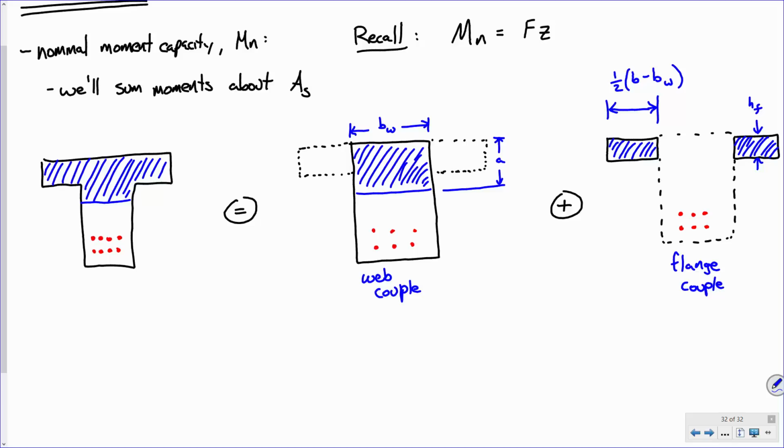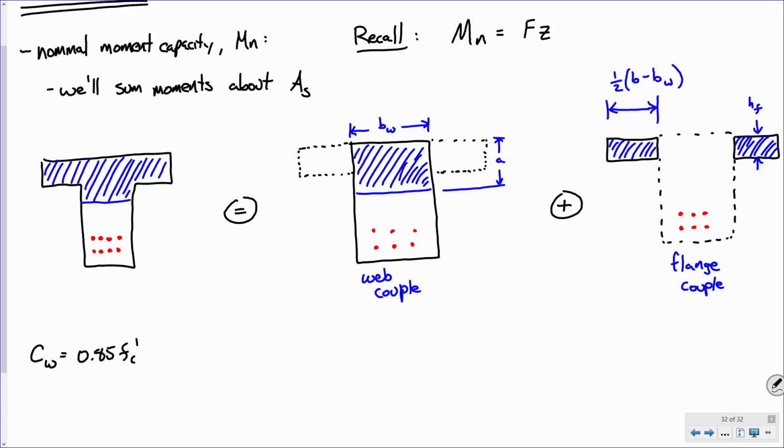Now, let's start computing some forces, okay? So I want you to tell me what is the compressive force generated by that web couple. How would you calculate it? The compressive force. In other words, what's the compressive force generated by this? It's concrete in compression, so what's my stress? There we go, 0.85 times the area.